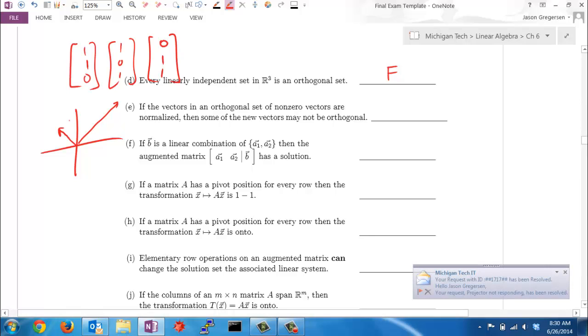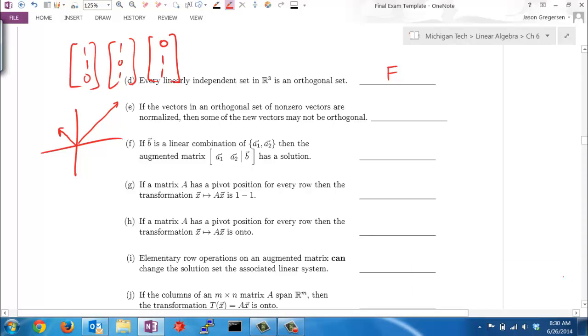So if we turn it into an orthonormal set, if we normalize it, if we change these lengths to be 1, are we changing the orthogonality? We're not. We're just scaling them down. So that is also false. If they're orthogonal to start and we scale them, they're still orthogonal.